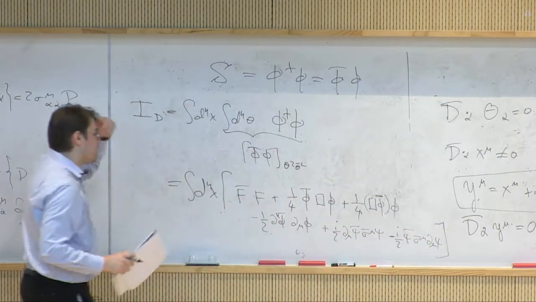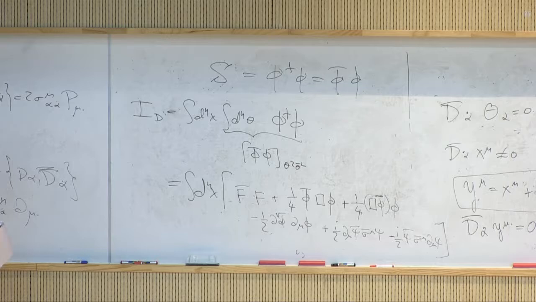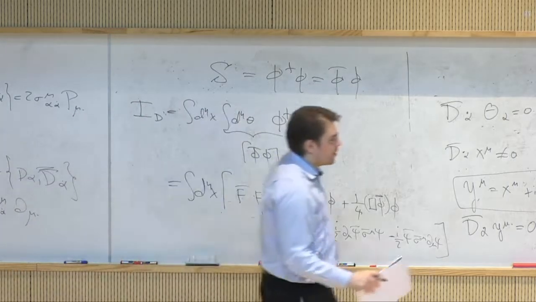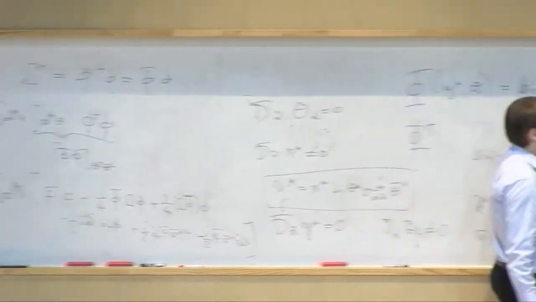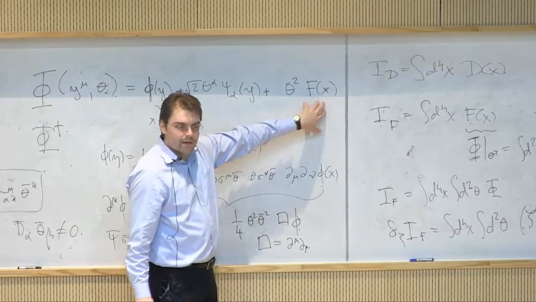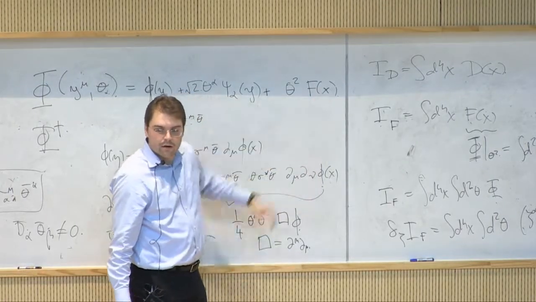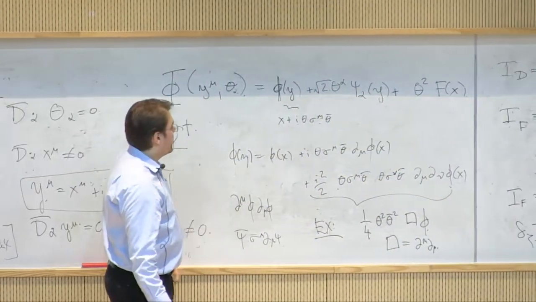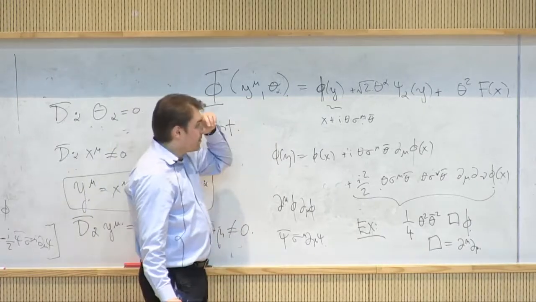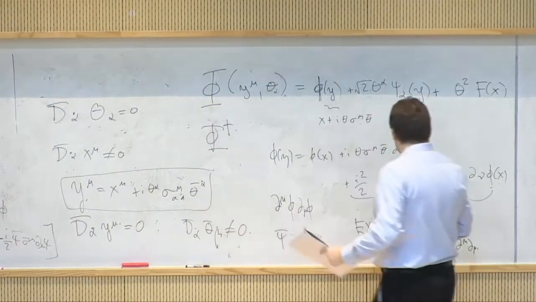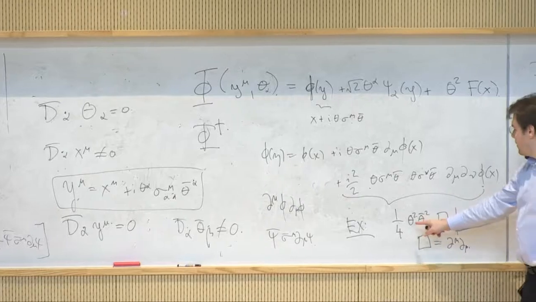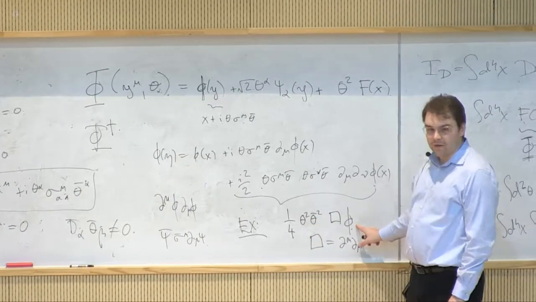So even though I'm not going to do this out, you can schematically see where these terms come from. The f bar f term is very easy, right? Because we have a theta squared times f from phi, and we have a similar theta bar squared times f bar from phi bar. The various terms with phi are also easy. For example, remember that there's a theta to the 4th term here with a box phi.